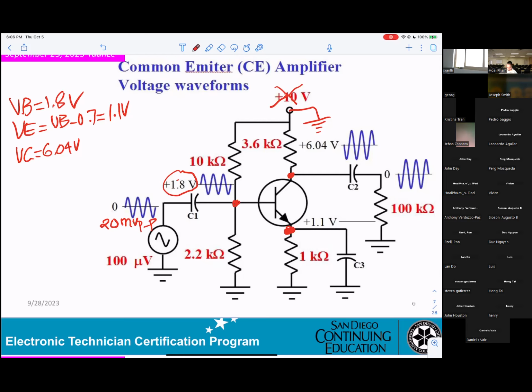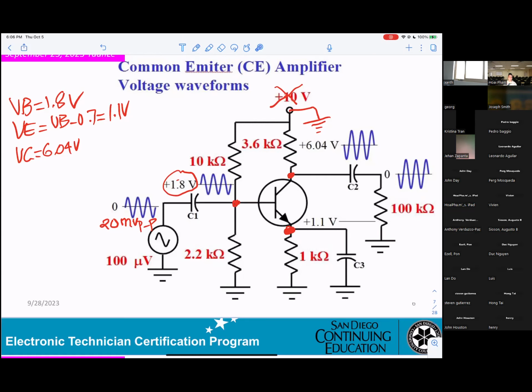And you can see they draw this signal on this signal and it will be the same. So at the base, you get 2 signals, DC and AC. DC will be 1.8 volt. AC will be 20 millivolt peak to peak sideways. Okay?